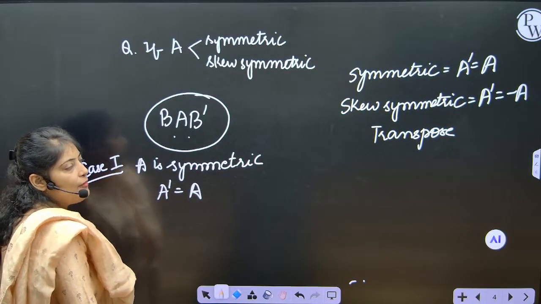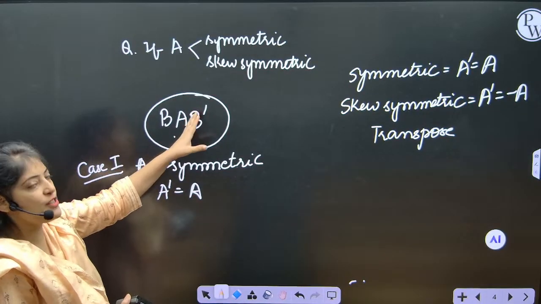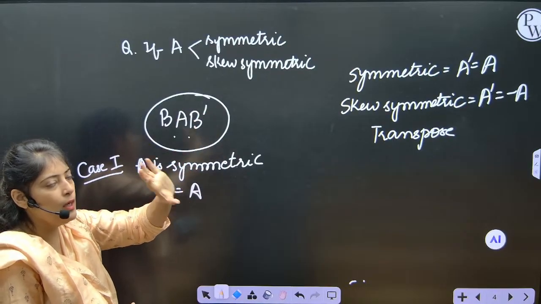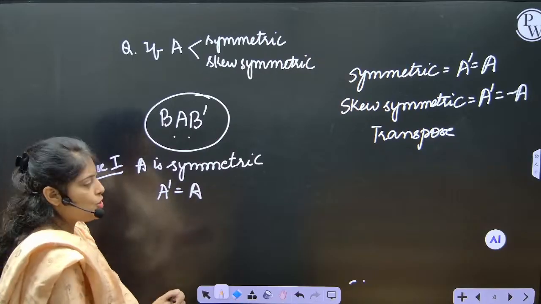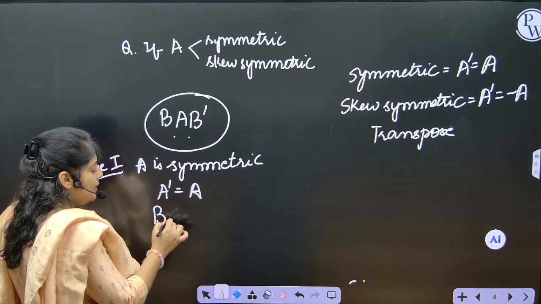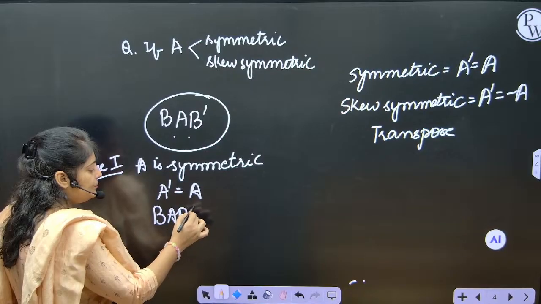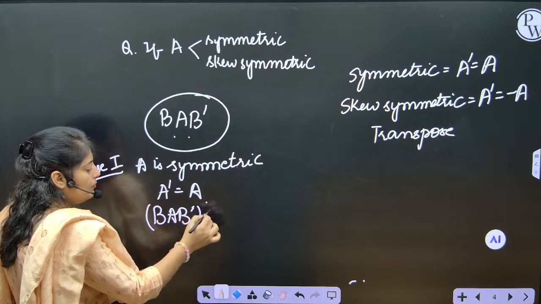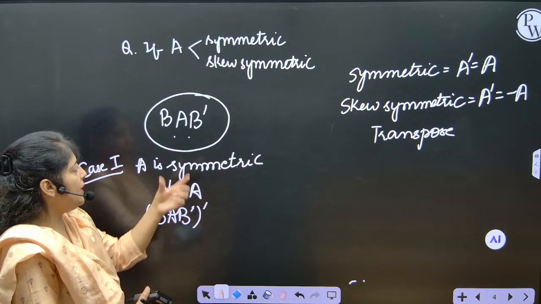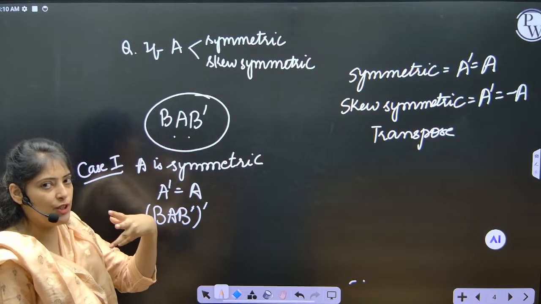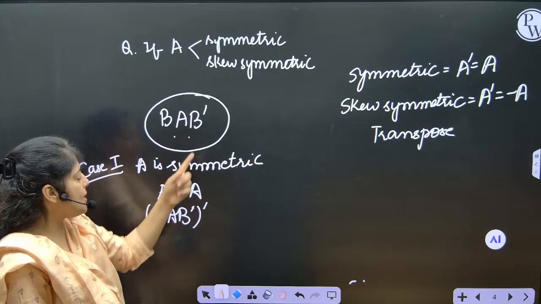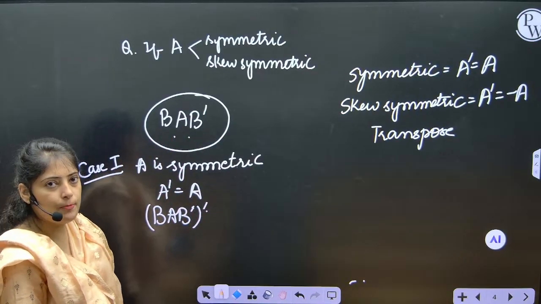Whenever we have to check symmetric and skew symmetric, we have to take the transpose. Whatever the matrix, if we have to know its nature, we'll start with its transpose.